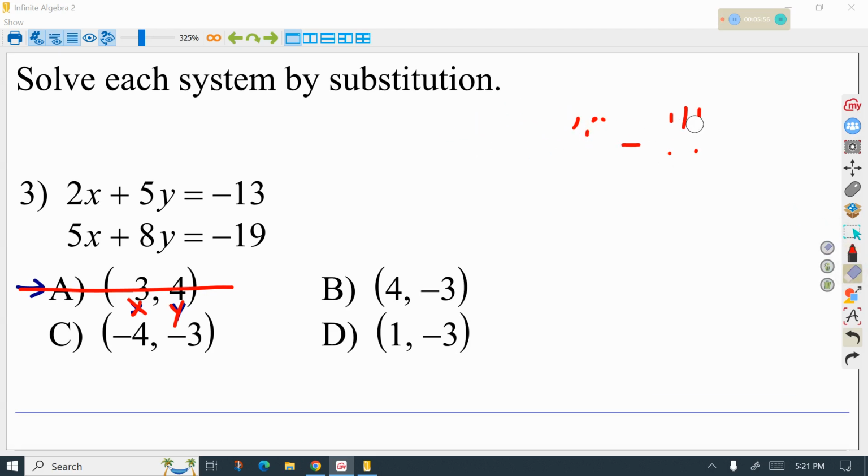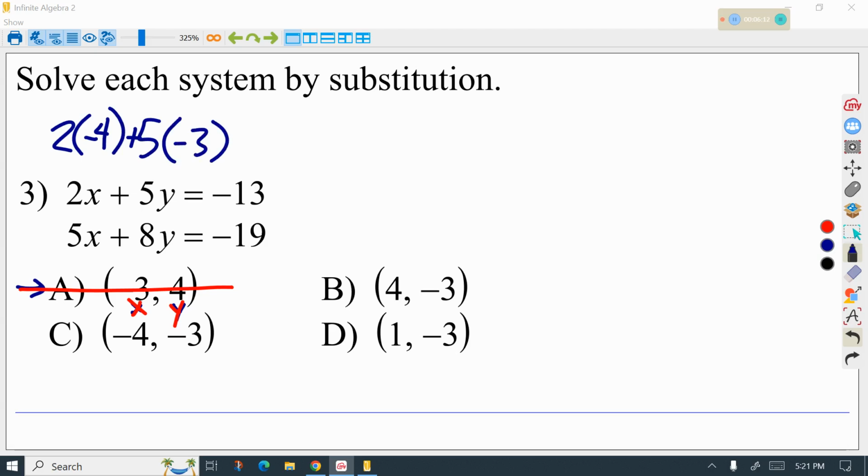Okay, we'll try C. And every now and then you might see the big picture and notice that one of them has to be the right one. So right now we could go ahead and plug in 2 times negative 4 plus 5 times negative 3. And we'll see what that makes. Well, when I do that, I get negative 8. And then 5 times negative 3 is negative 15.